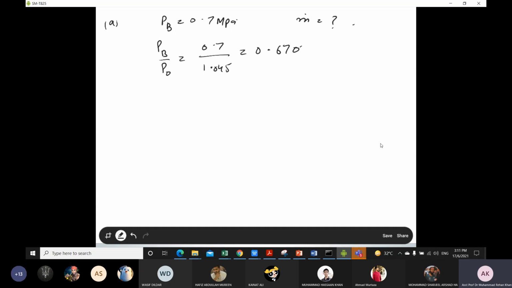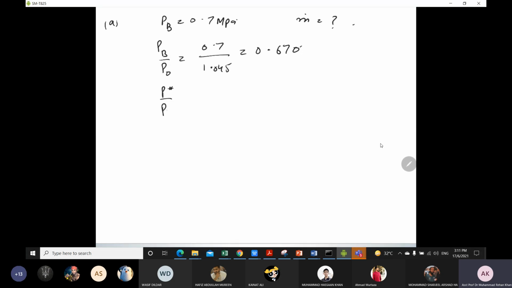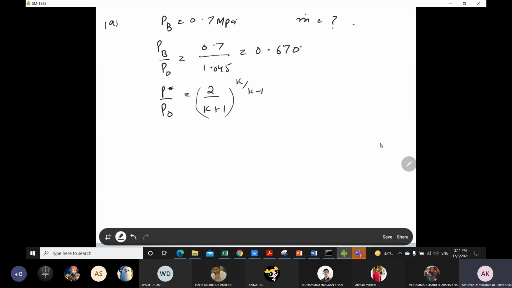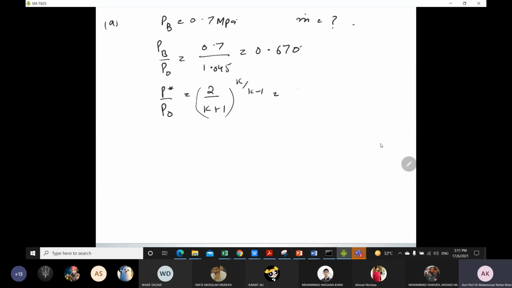Now we have to find P star by P naught as well, because if we have that value, then we can find whether your flow is choked or not choked. P star by P naught comes from the equation (2 over k plus 1) raised to the power k divided by k minus 1. Simply put the value of k and you can find that it is equal to 0.5283.